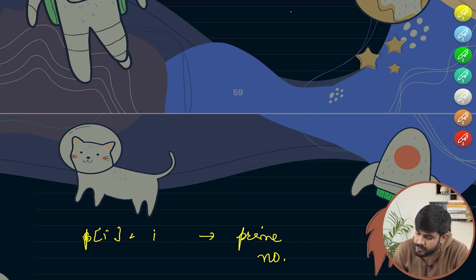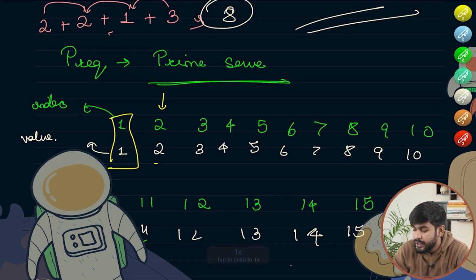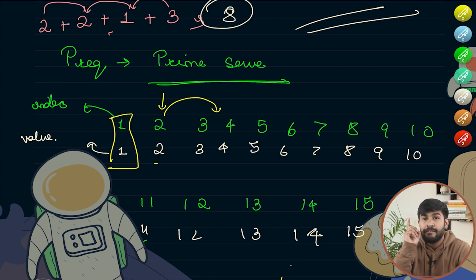So for all the values, I won't just mark them as composite, but I would mark the number which is marking it first. Like the multiple of 2 is 4, so I would say 4 has been ticked out by 2.